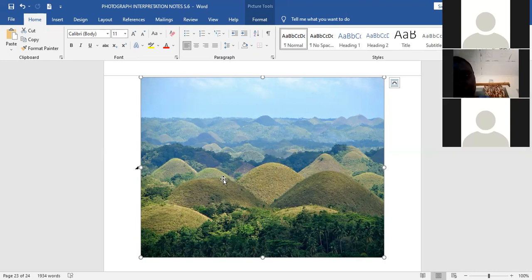So it is difficulty in farm mechanization, which is just the use of machines like tractors and combine harvesters, or difficulty in crop cultivation, evidenced by steep slopes in the foreground and in the middle ground of the photograph.